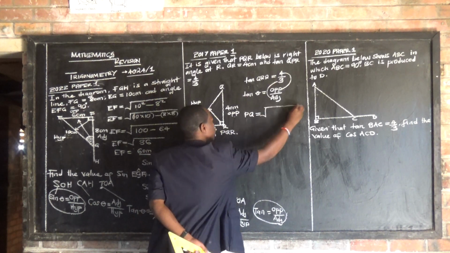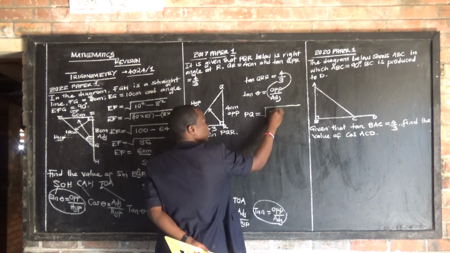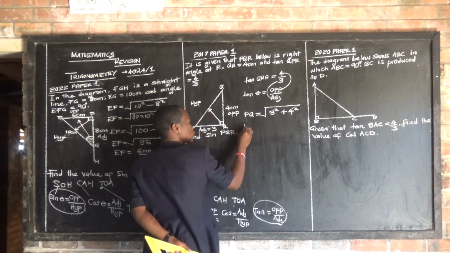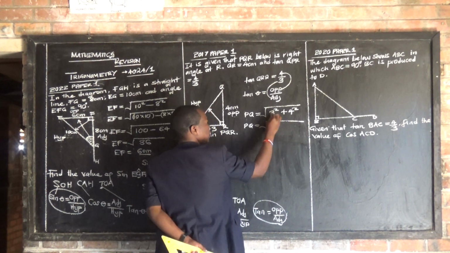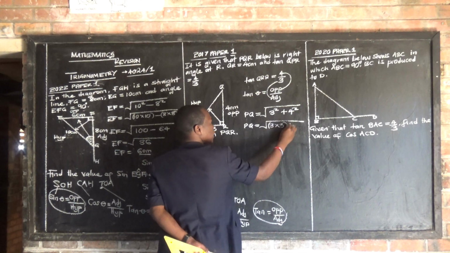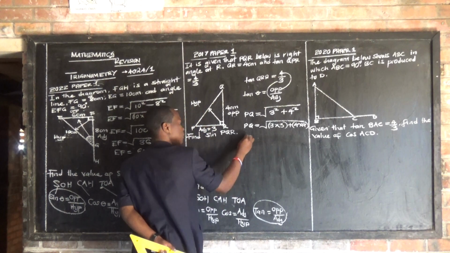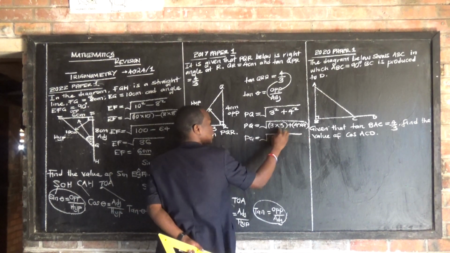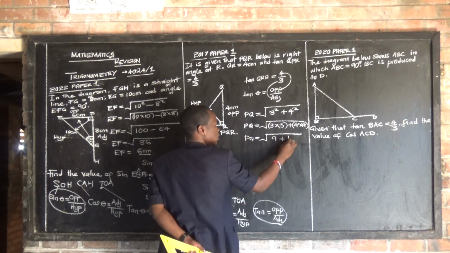PQ is equal to the square root of 3 squared plus 4 squared. 3 squared is 3 times 3, plus 4 squared is 4 times 4. 3 times 3 gets 9, plus 4 times 4 gets 16.